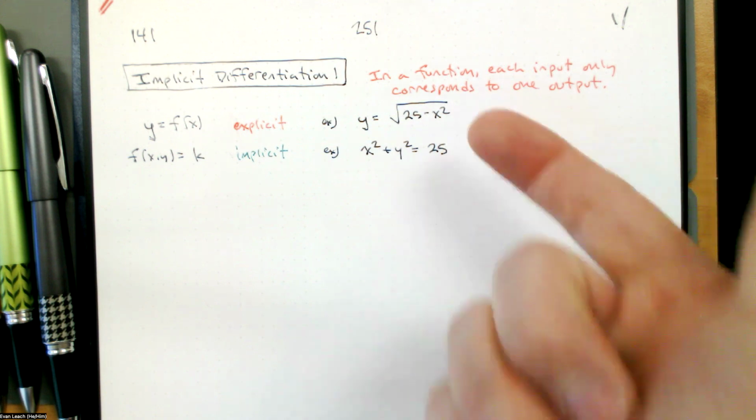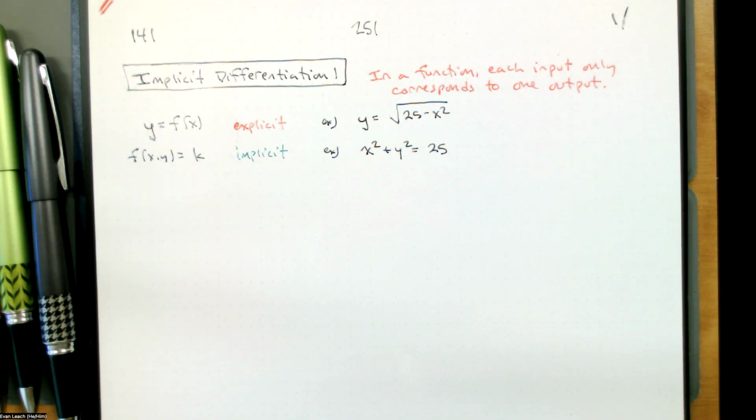With this explicitly defined function, when x is -3, f of -3 is 4. But in this implicit relationship, we know that if x is equal to -3, y can be 4 or -4. So here we don't necessarily have each input corresponding to one output. Also, we don't have inputs and outputs. Everything is all jumbled together.